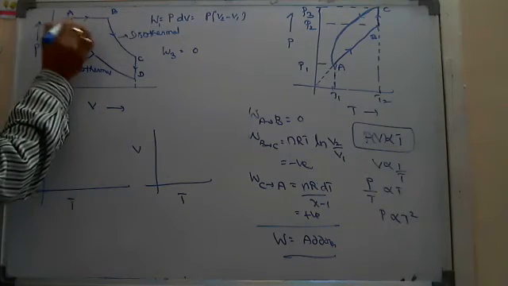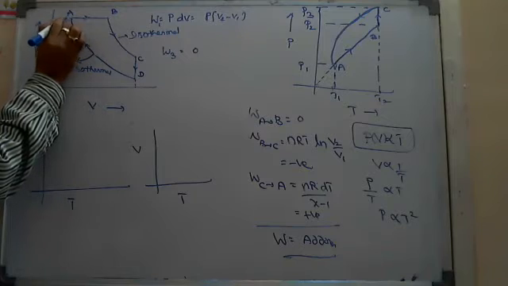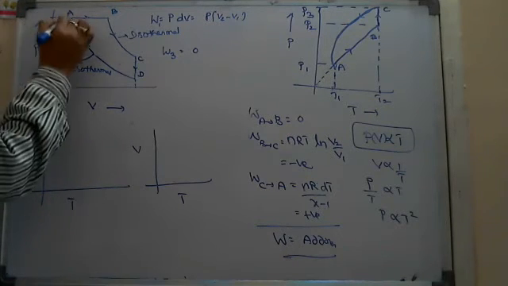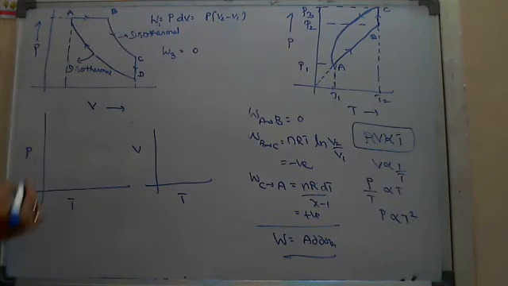Here, if you see A to B, look at the graph, Nana, pressure is constant. Pressure is constant, and volume is increasing from V1 to some other value V2.